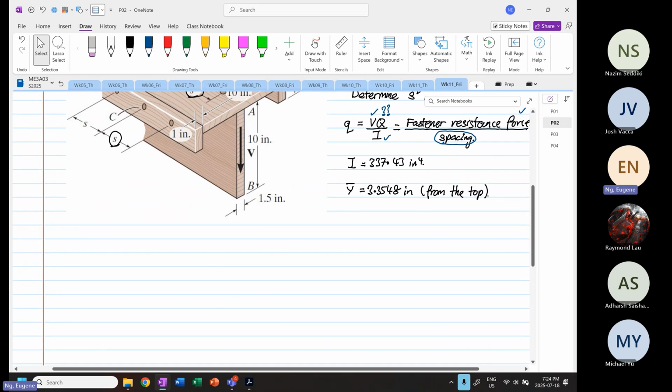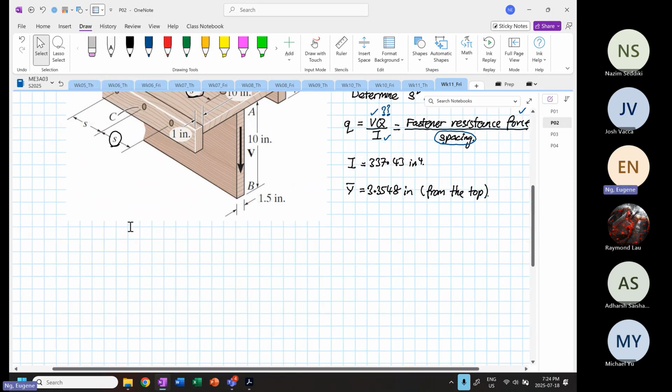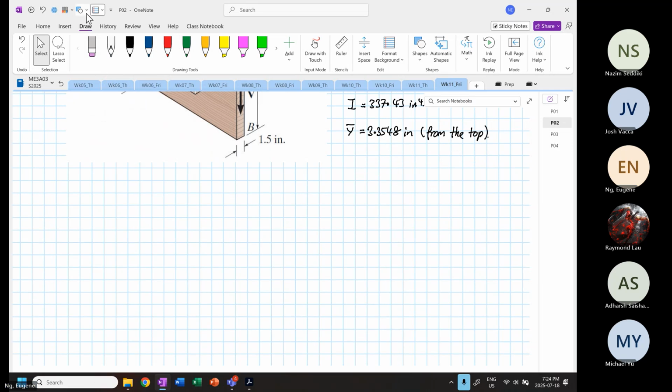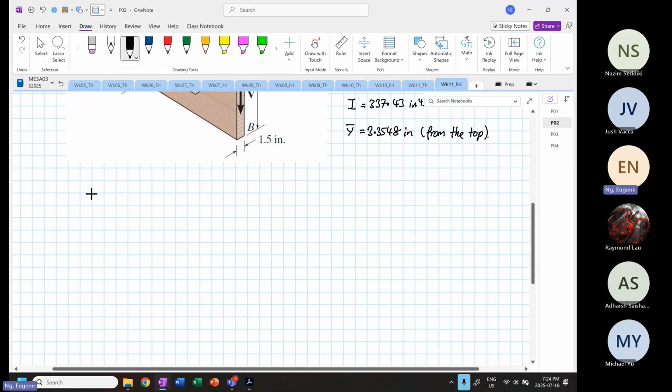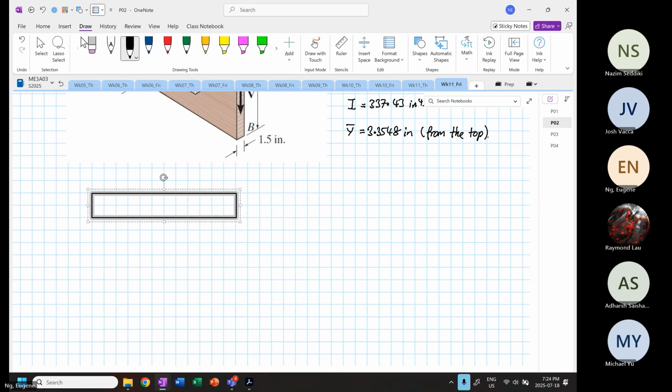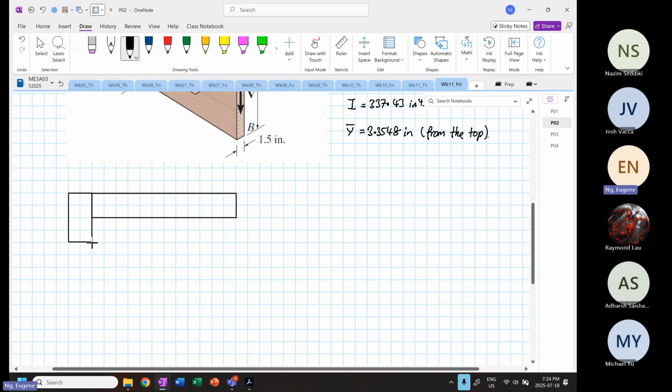Okay. So now I'm going to sketch. I'm going to draw a sketch of the structure up to the centroid. Okay, so I have something like this. On the side.